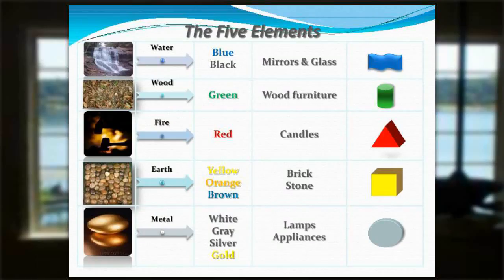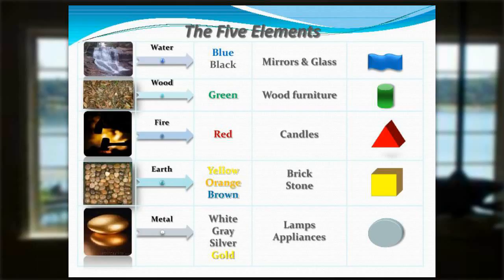Okay? So before I leave this particular slide, and this is a slide that you're probably going to be looking at an awful lot, remember that you can bring in an element by colors, by particular objects that have that element, and by particular shapes. And yes, I might as well answer this question right away.